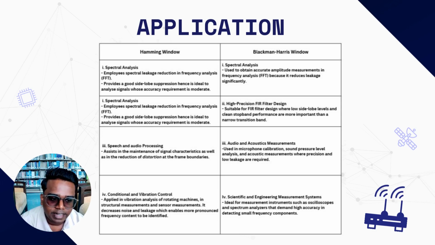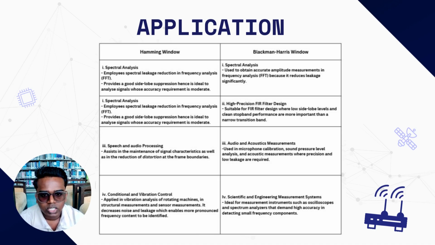And the Blackman-Harris is used to obtain accurate amplitude measurements in frequency analysis (FFT) because it reduces leakage significantly. And for high precision FIR filter design, it is suitable where low side lobe level and clean stop band performance are more important than a narrow transition band.